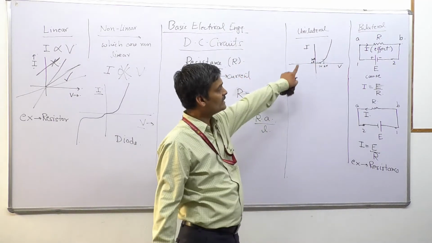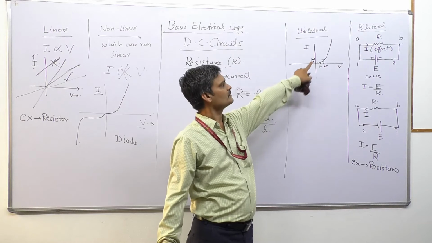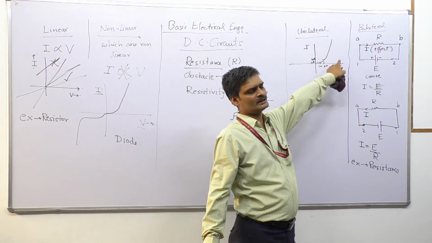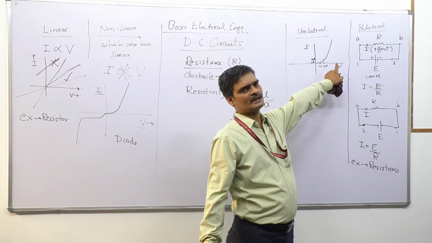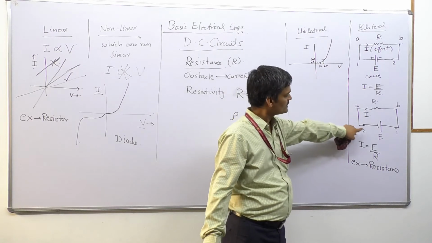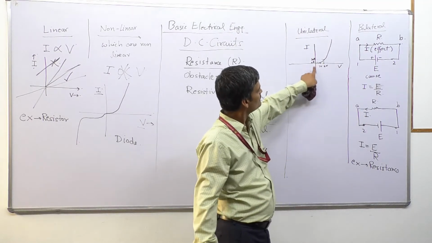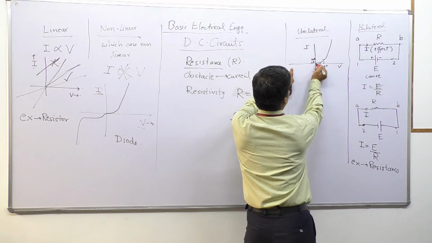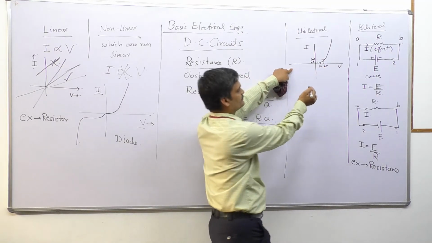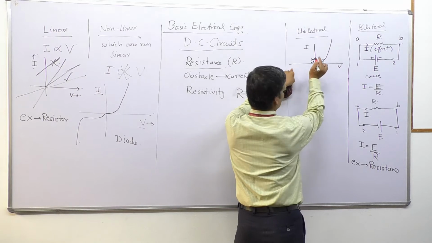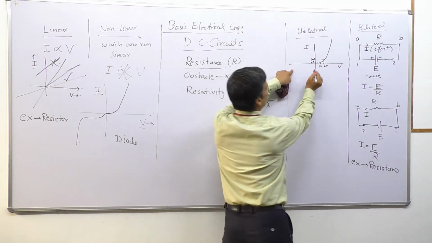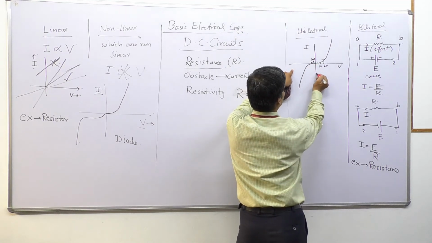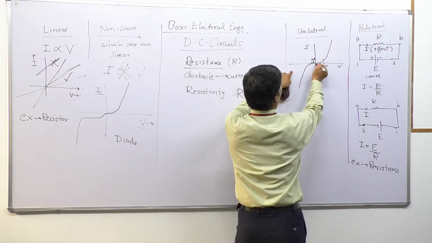Suppose the diode is a bilateral element. If this is the forward bias characteristic, then what should be the reverse bias characteristic of a diode? On reversing the direction of cause, we are reversing the value of V, so we would have symmetry about the origin.